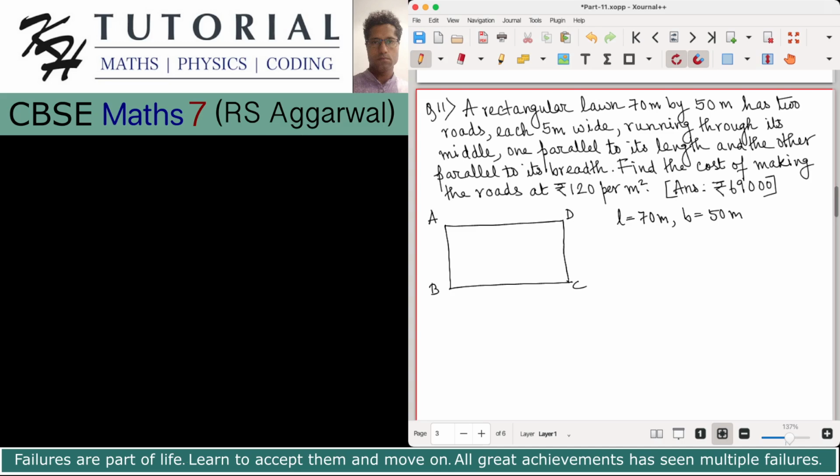And now it has two roads, each 5 meter wide, running through its middle, one parallel to its length and the other parallel to its breadth. So the road running through its middle parallel to the length will be somewhat like this.